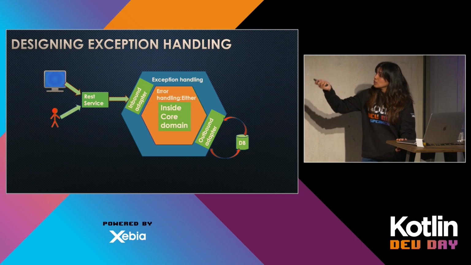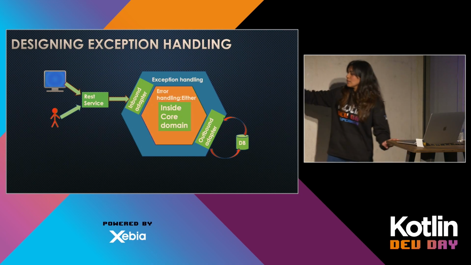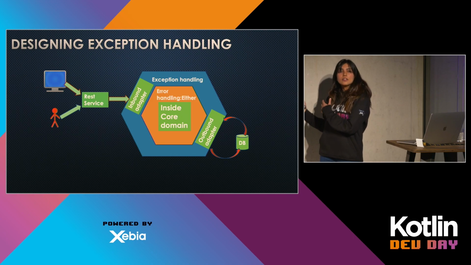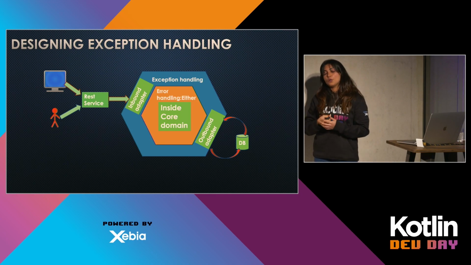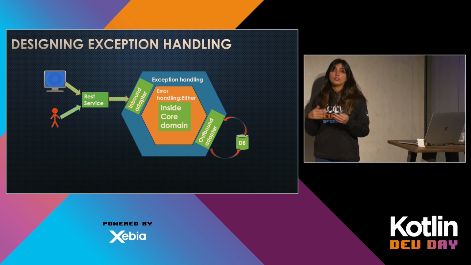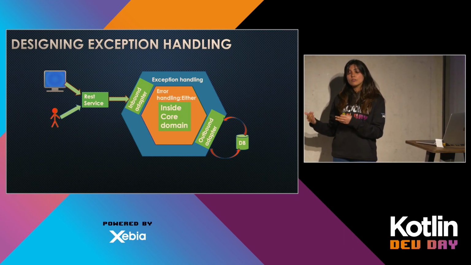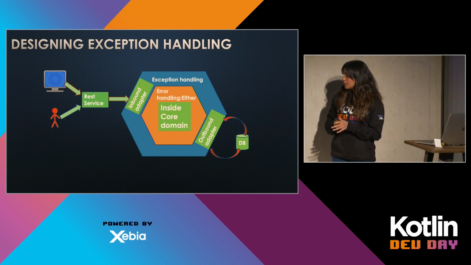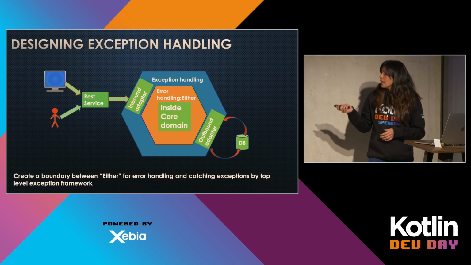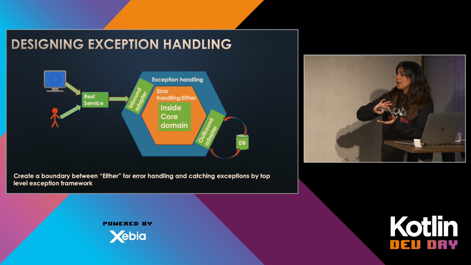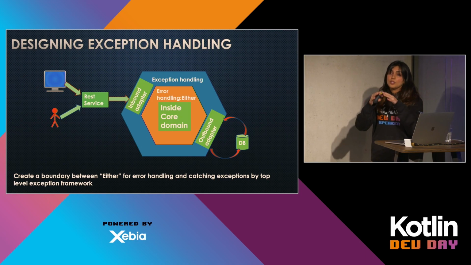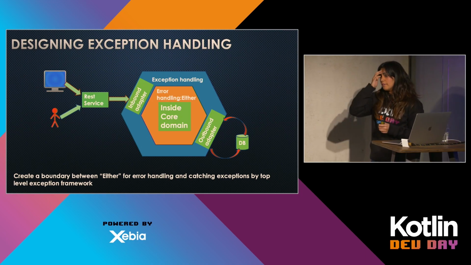But let the top level framework, which is interacting with your external services, let's say you have a global exception handler at that top level, take care of those exceptions and convert it into appropriate form for the user, or in case you don't want to inform the user, just log it in your application. So the idea here is to define a boundary between your core business domain and where you want to catch exceptions, which is basically at the top level framework.